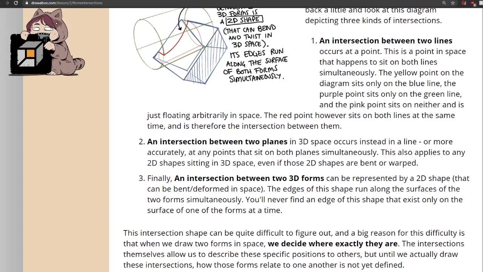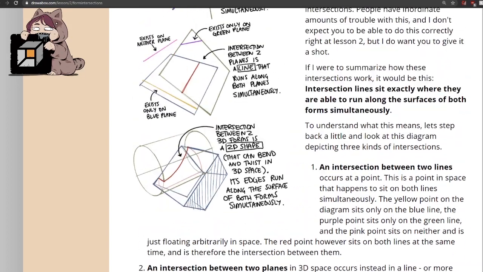An intersection between two planes in 3D space occurs instead in a line, or more accurately, at any points that sit on both planes simultaneously. This also applies to any 2D shapes sitting in 3D space, even if those 2D shapes are bent or warped.